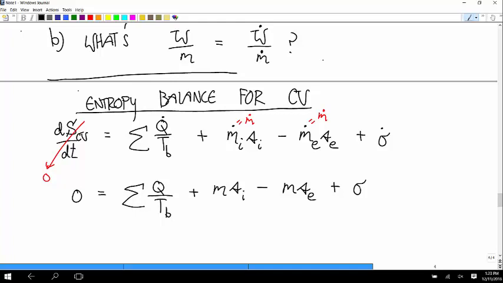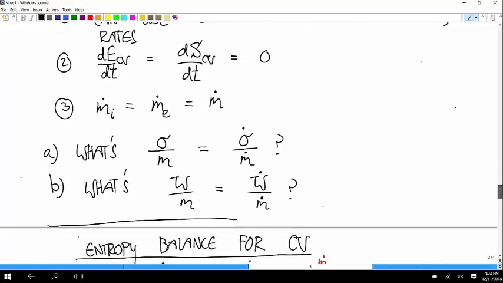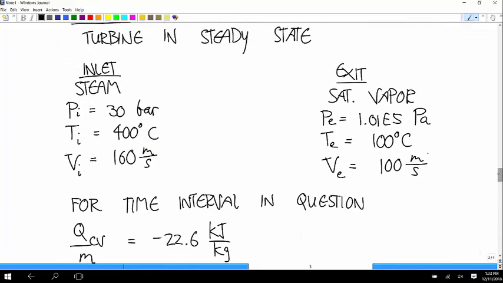Now, we were given a lot of information at the inlet and the exit. We know the temperature and the pressure. We know the speed. Just with the temperature and pressure alone, we can look up specific entropy.